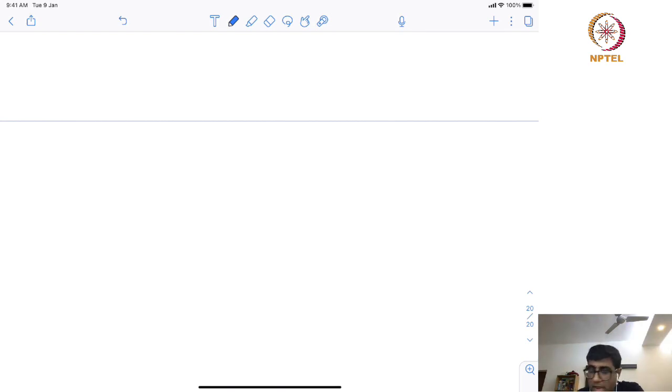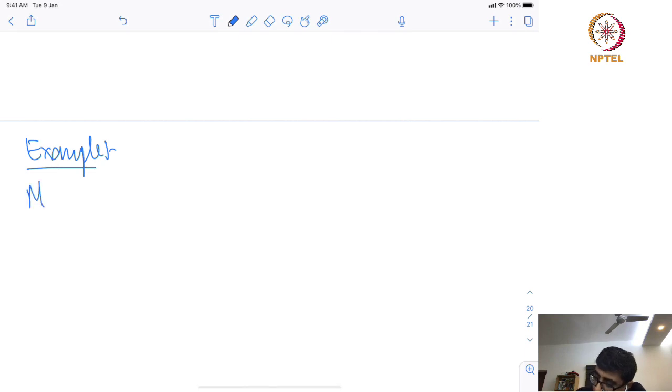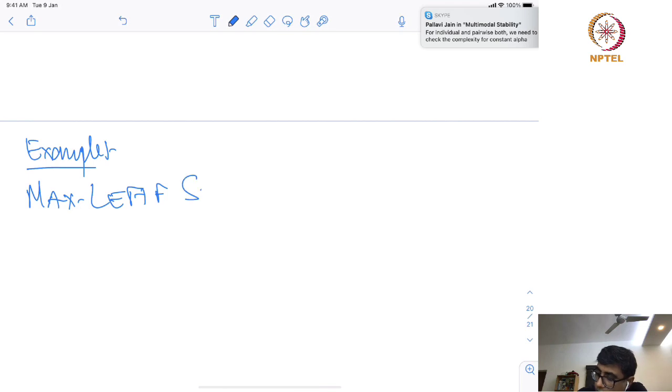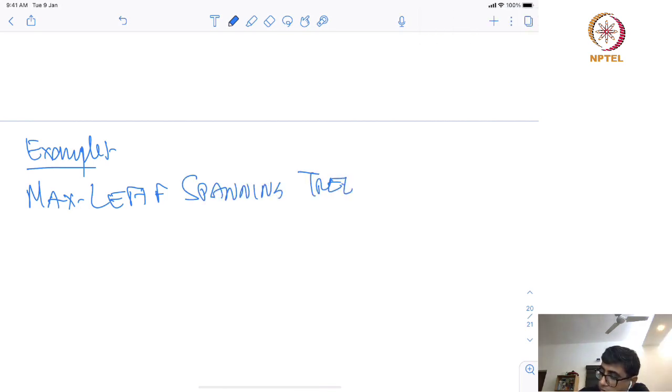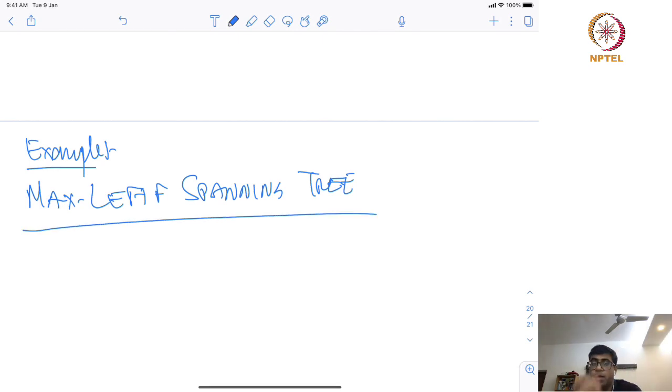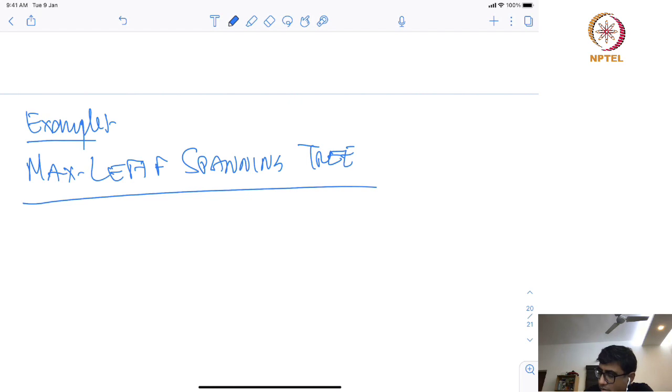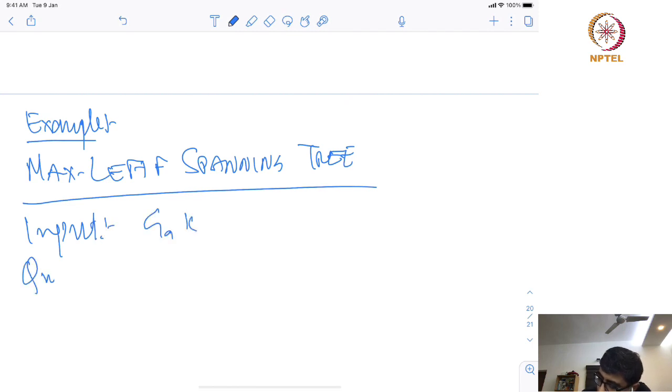Let me give a last example, and this is called max leaf spanning tree. Input is G comma k.